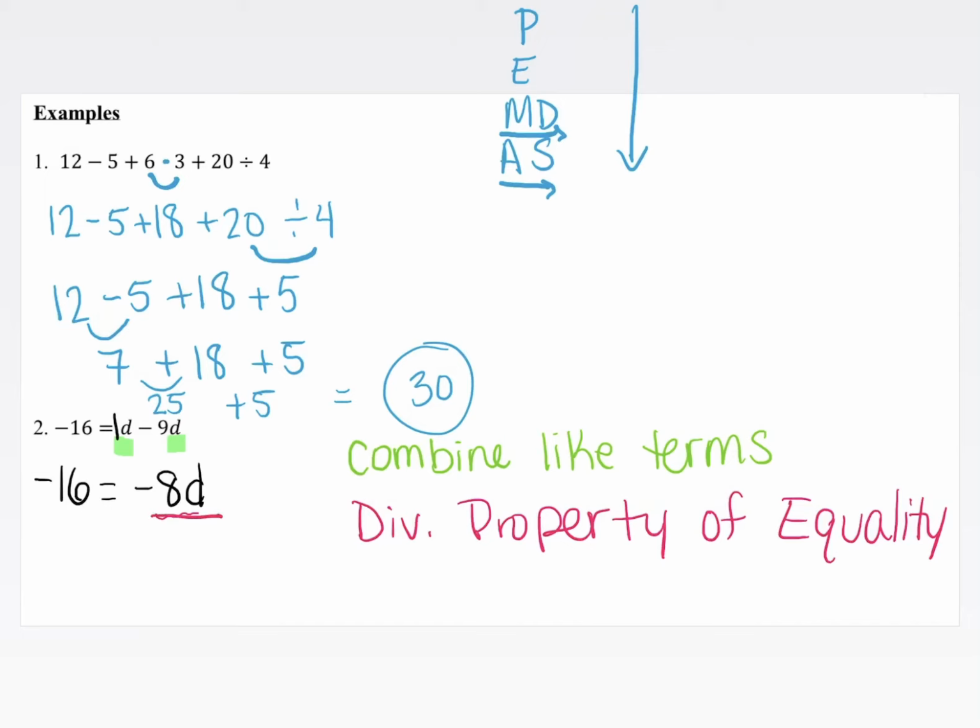So we're going to divide the right-hand side by negative 8 and the left-hand side. And we will end up with negative 16 divided by negative 8 is positive 2. Remember, negative divided by negative is a positive. So d equals 2. Perfect.